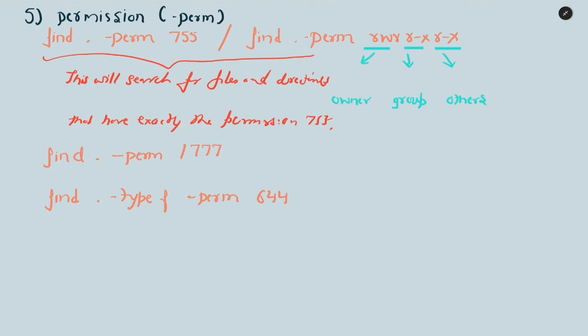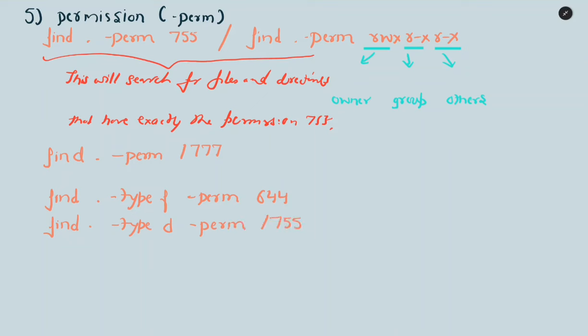And in case I want to find directories with at least 755, this permission read write and execute, let's see, this is read write execute, this is 755. So for that I will use this command: find in the current directory, type directory only I want, -perm -755.